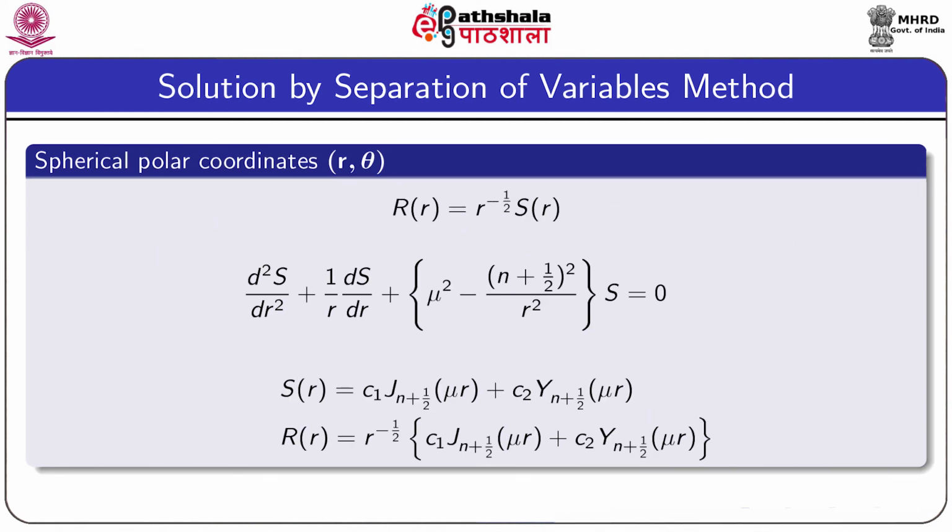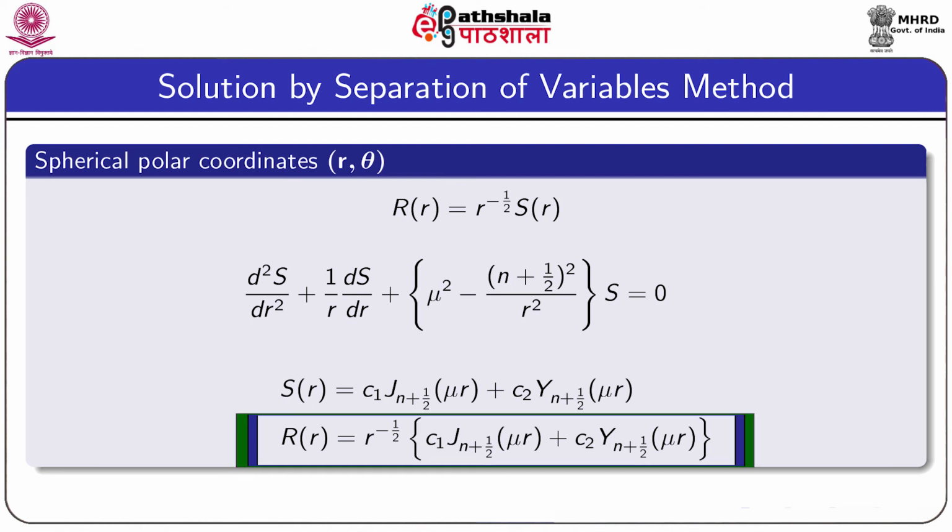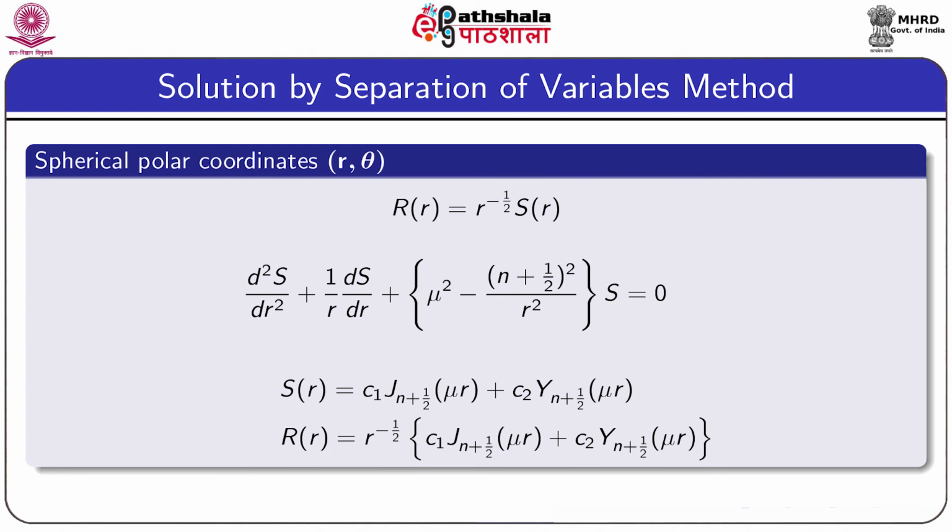So, this is the necessary transformation. We use this transformation: capital R equals r to the power minus half into capital S. Now, the equation in terms of capital S becomes as shown here, and this equation is known to us. This is the famous Bessel equation of order n plus half.